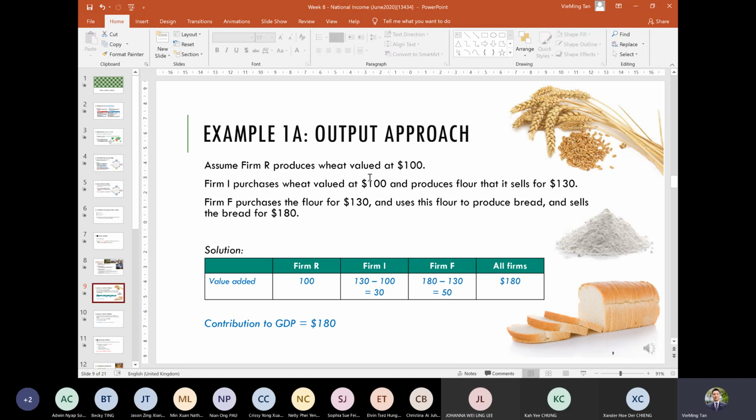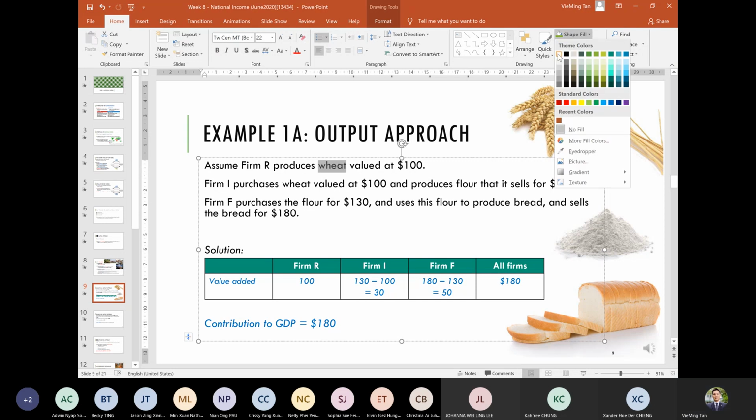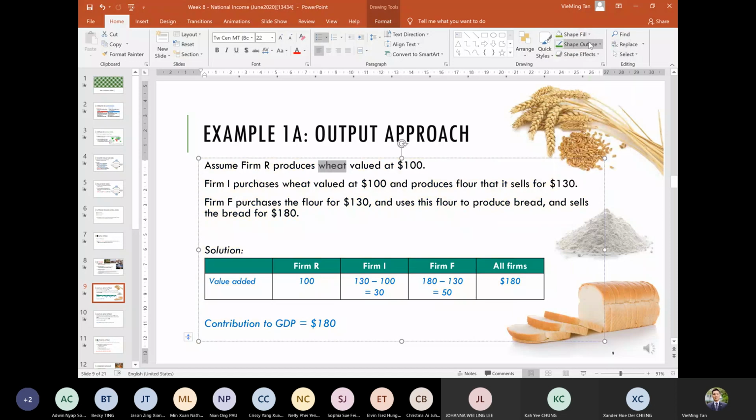So in this case, there are three products: wheat, flour, and bread.